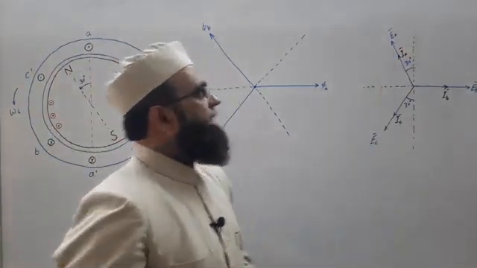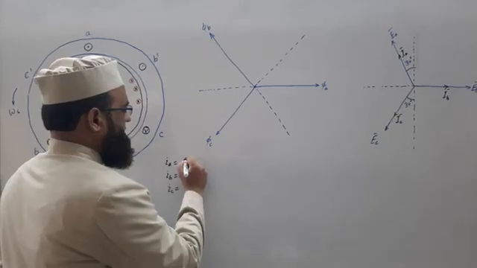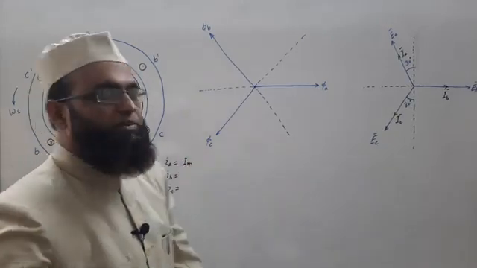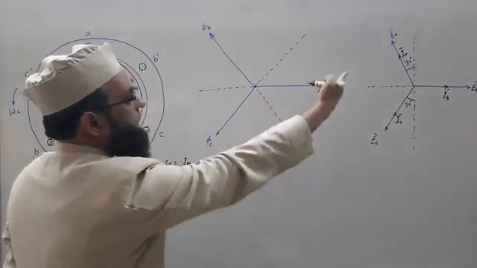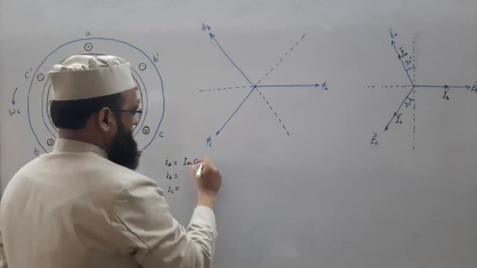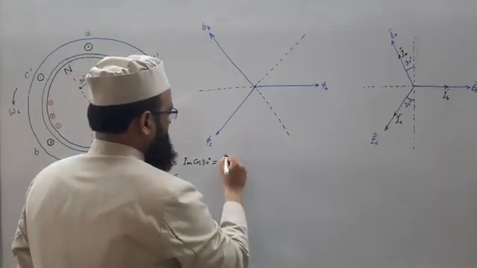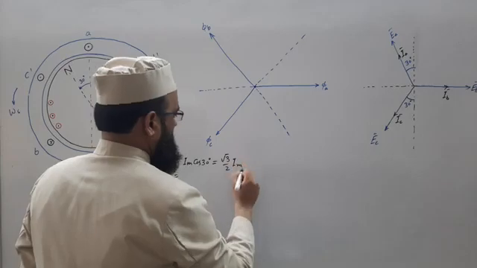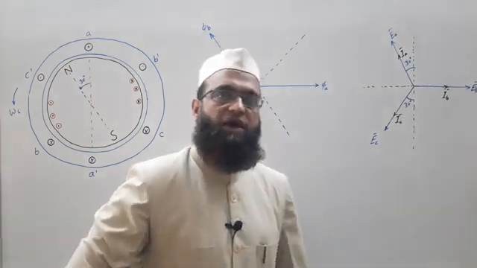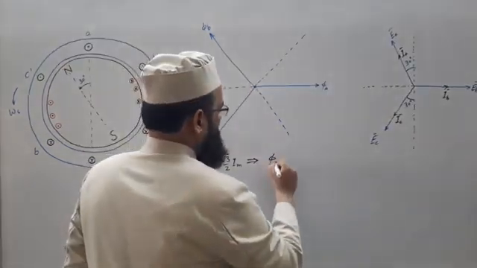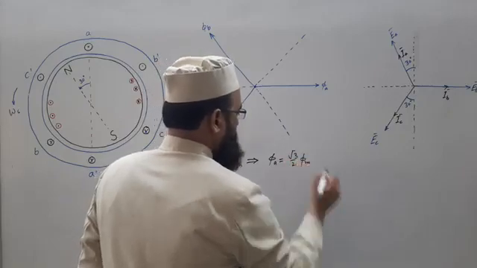So, at this moment what will be IA? Im cosine 30. So, right here the vertical projection gives the instantaneous value, right. Im vertical projection for IA will be Im cosine 30. Cosine 30 means sin 60, root 3 by 2, that is root 3 by 2 Im. This implies the corresponding flux in phase A, having maximum value phi m, will be root 3 by 2 phi m.